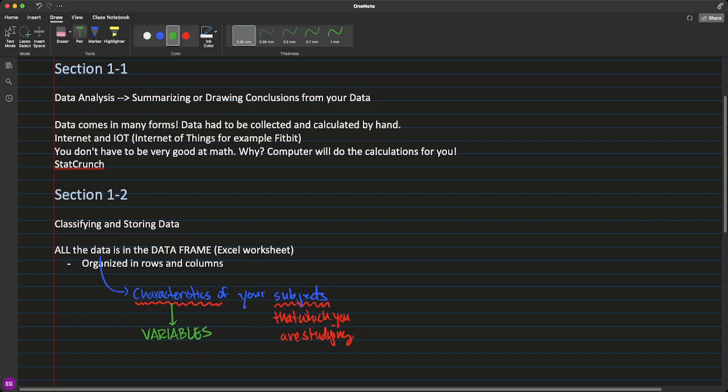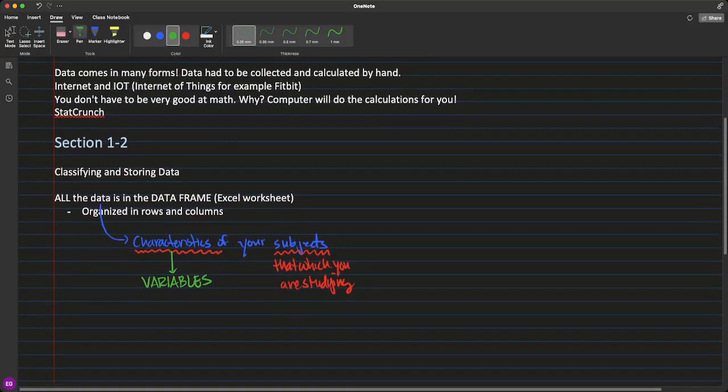Okay? And there are two types of variables. We can have categorical variables, or we can have numerical variables. Categorical variables tell you a group or a characteristic about your subject.